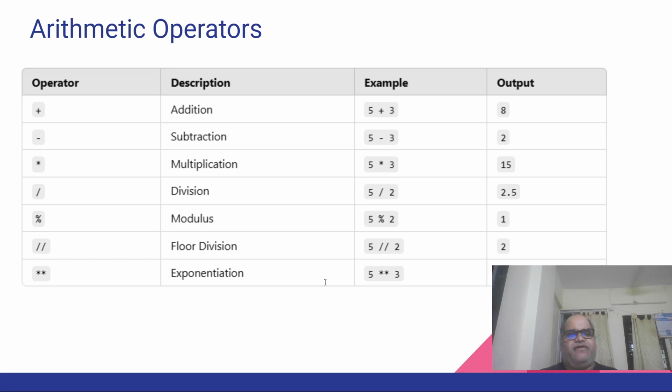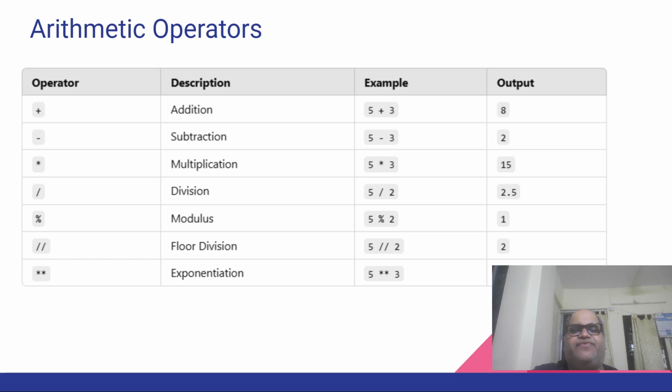We will see these symbols: addition is plus, subtraction is minus, multiplication is star, division is slash, and percentage is used for modulus, that gives the remainder part of it.